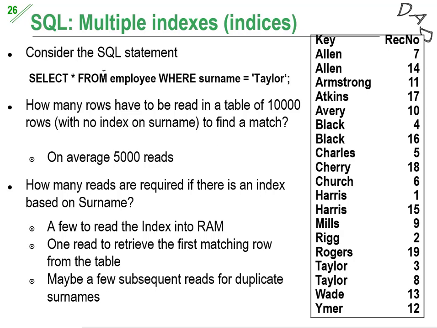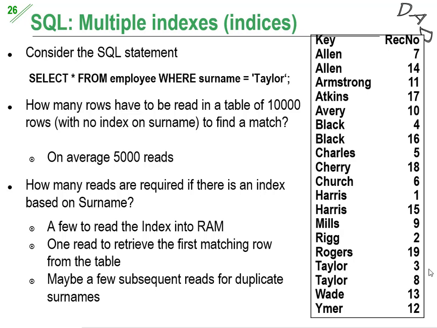Now if I run a statement like this, select asterisk from employee where surname is equal to Taylor, how can we search for the specified output based on this query?